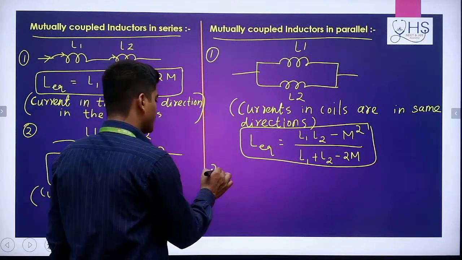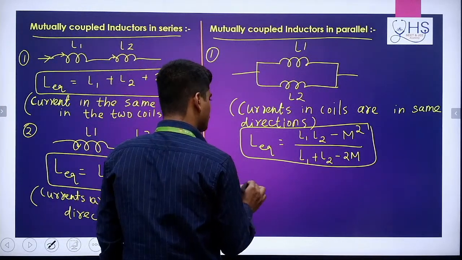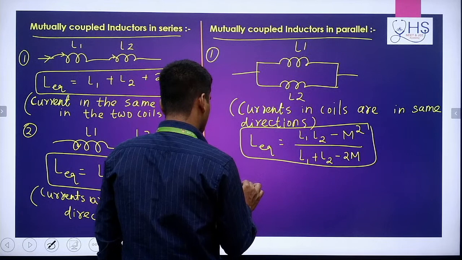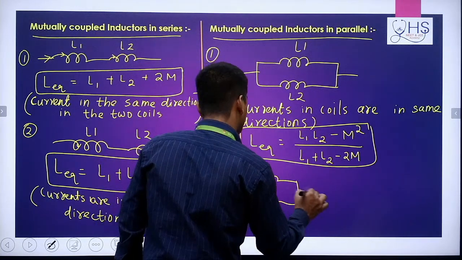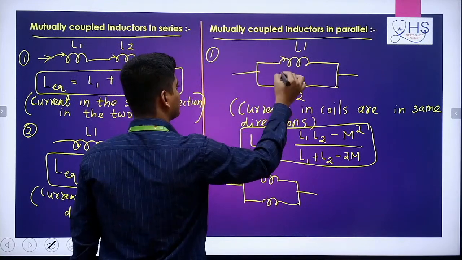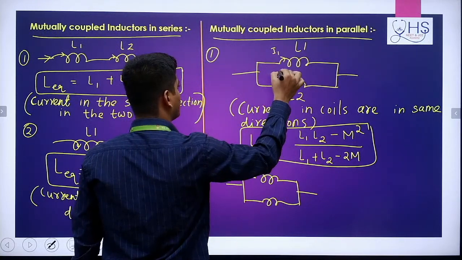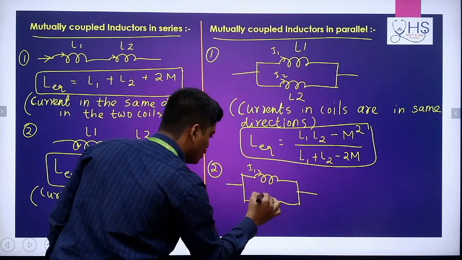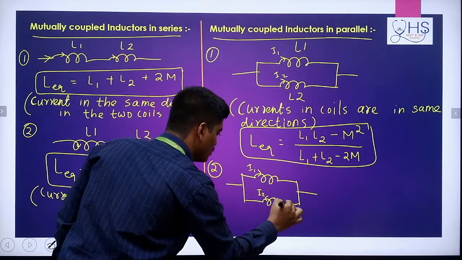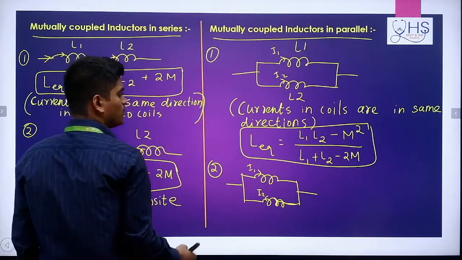Now number 2, similar case, parallel. But what consideration will we take here? Currents I1, I2 are in the same direction, but here one current is this way, the other current is opposite. So what is happening in this way?